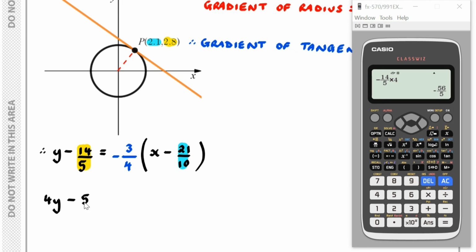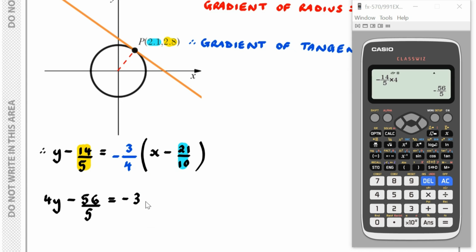So I subtract 56/5, and that's equal to -3 multiplied by x subtract 21/10. And what I'm going to do is actually expand all that out.